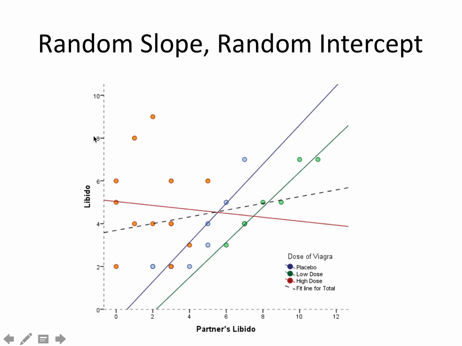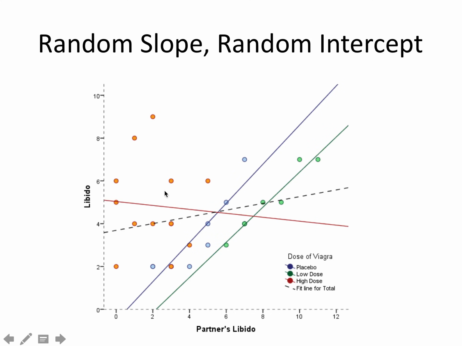Now this one would be more common, a random slope and random intercept. What that means is that each of the slopes is different and they all started in different places. That's a little bit harder to interpret because for every participant, each intercept is different and each slope is slightly different.